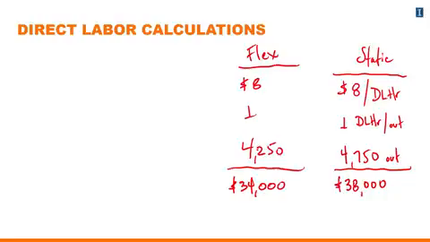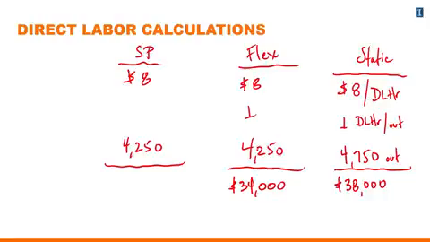Moving to the standard price column, we're going to keep the price the same. We're going to keep the output, which has been converted moving from right to left to the actual output, the same. But we're going to think about how many direct labor hours we actually used to produce what we did.